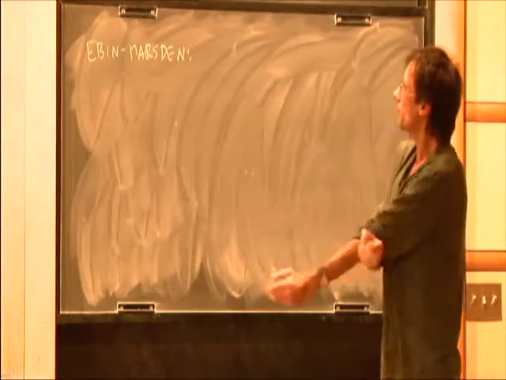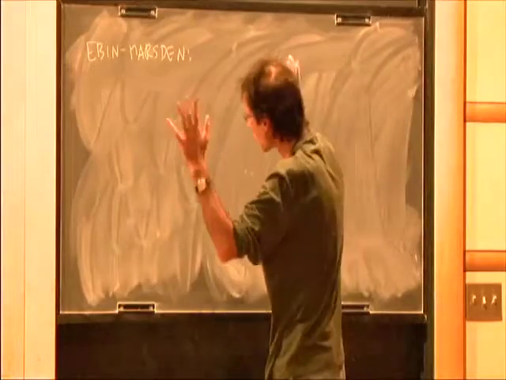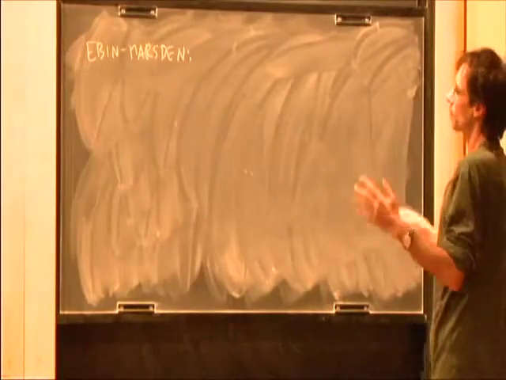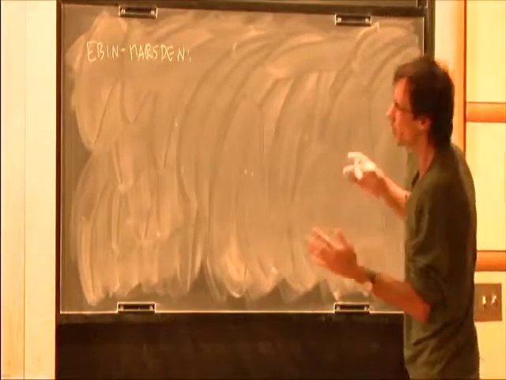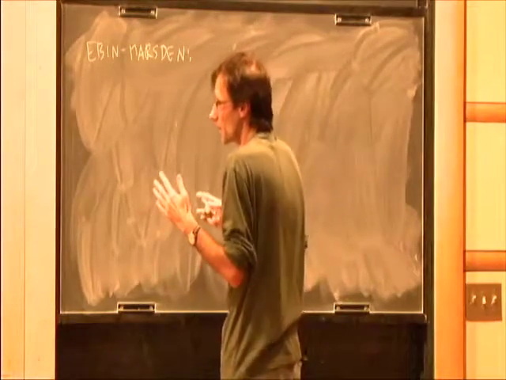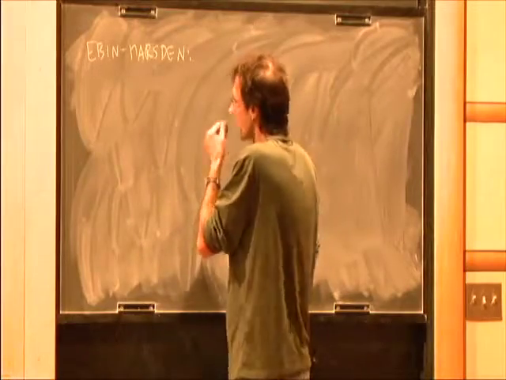And in fact, Ebin and Marsden proved in their big paper a lot of other things, but analytically, or at least reformulated in this geometric language, their result can be formulated as follows.